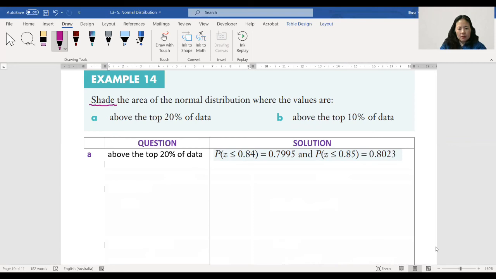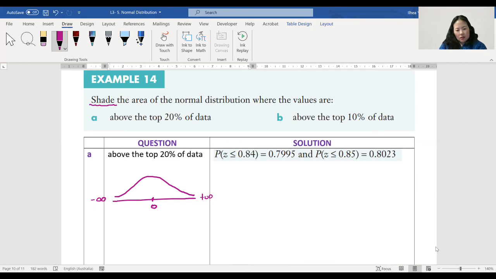Above the top 20% of data. So roughly, if I can just draw the bell curve. By the way, the bell curve never ends. Okay, so that goes forever negative, forever, but sometimes it looks like it's going to finish, but it's not. So I'm just going to go, that's my 0.